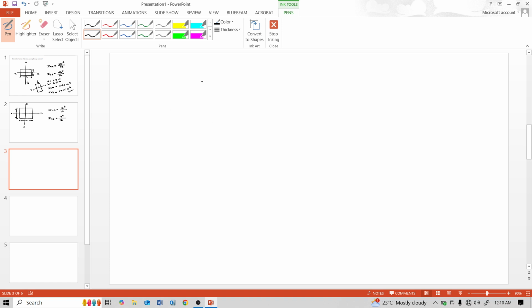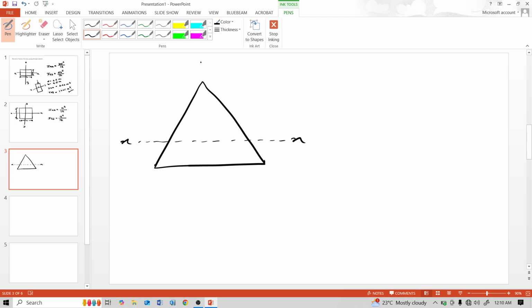Now triangle, isosceles triangle, laminas passing through its centroid. See here centroid xx and here yy.